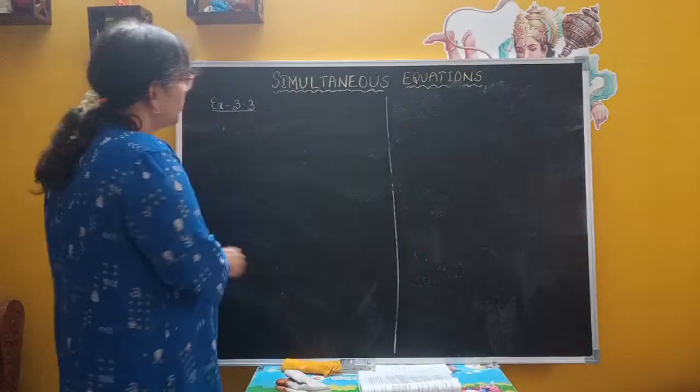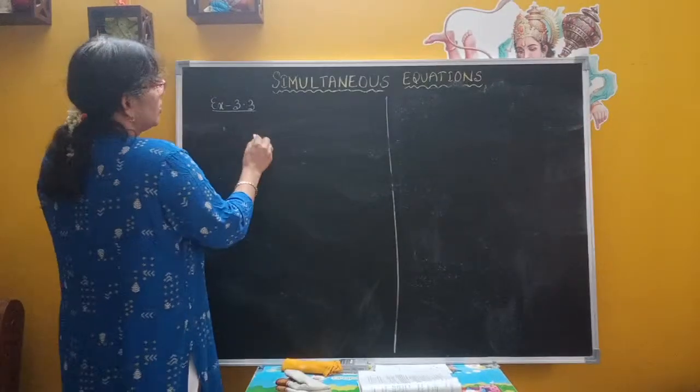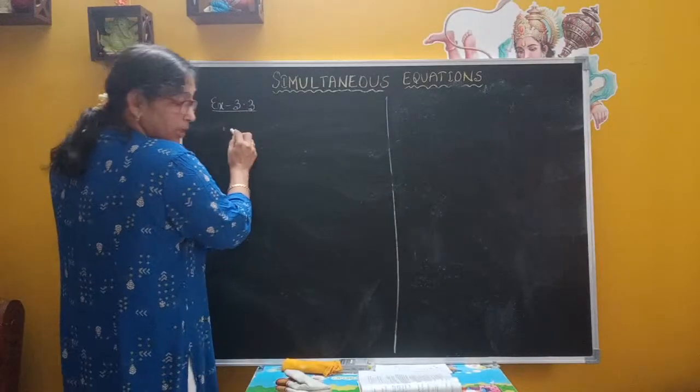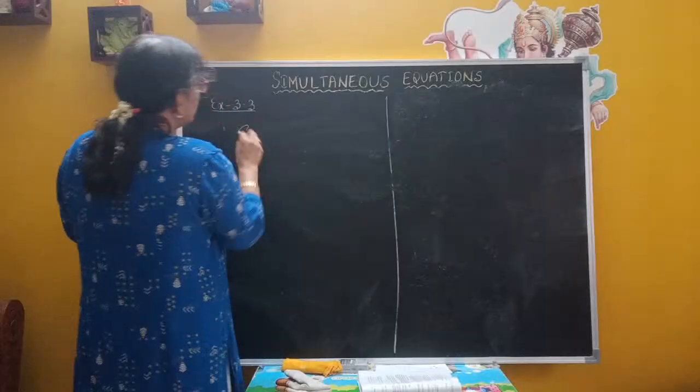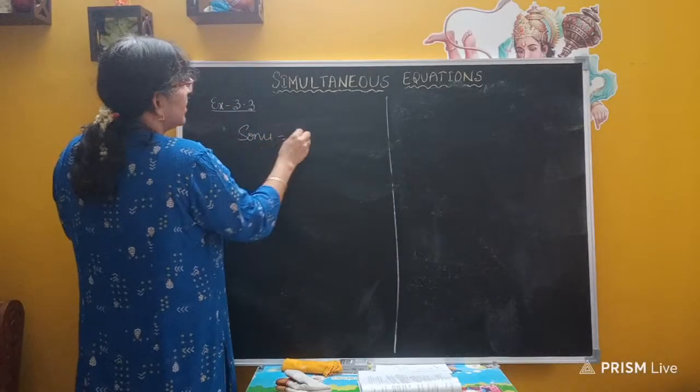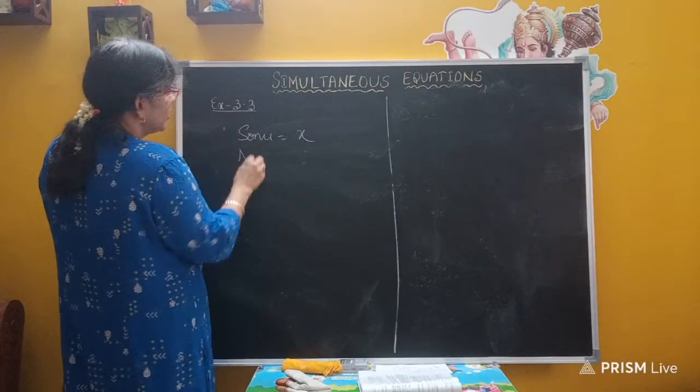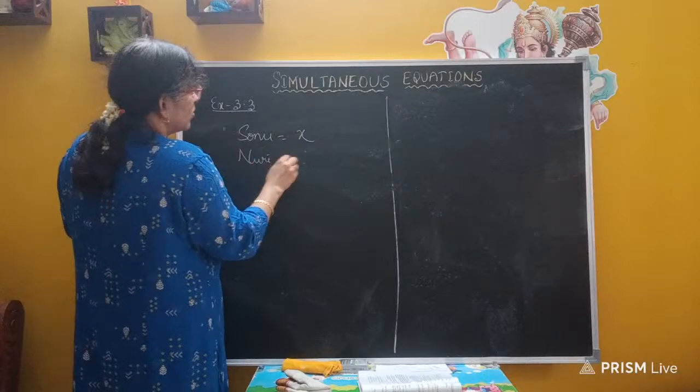So if you take x as Nuri's age, whose age, the younger one's? If we take Sonu's age as x years, then Nuri's age becomes y years.